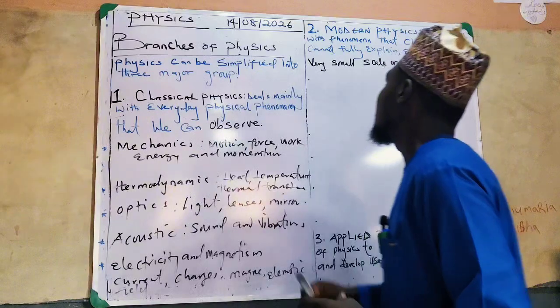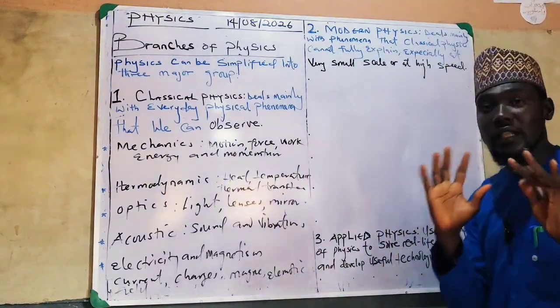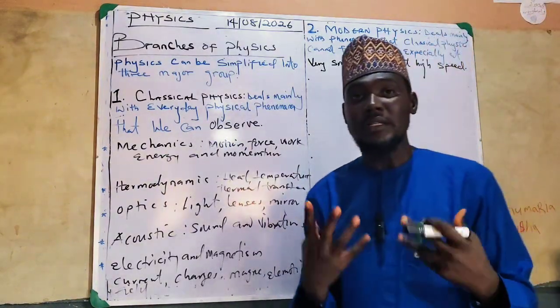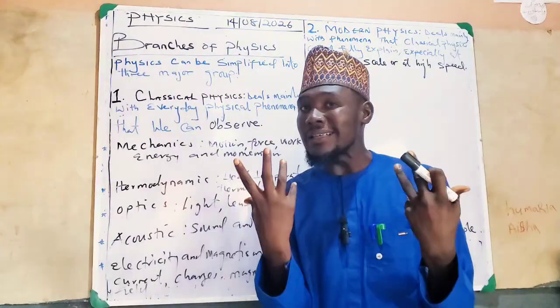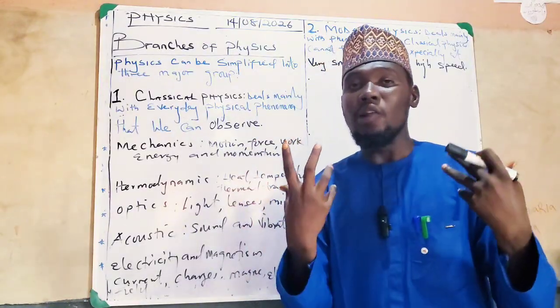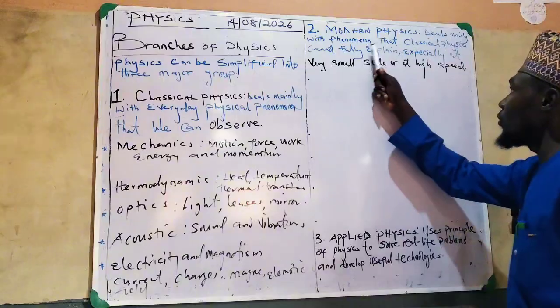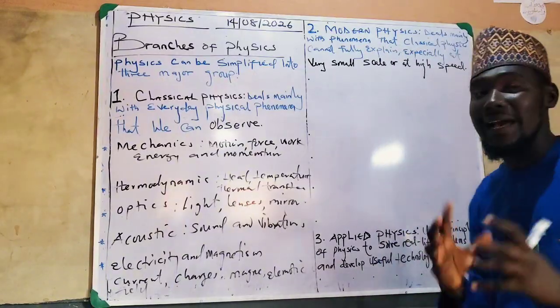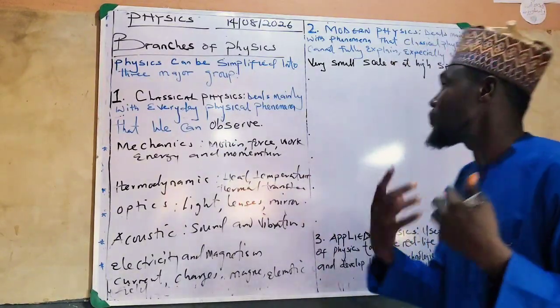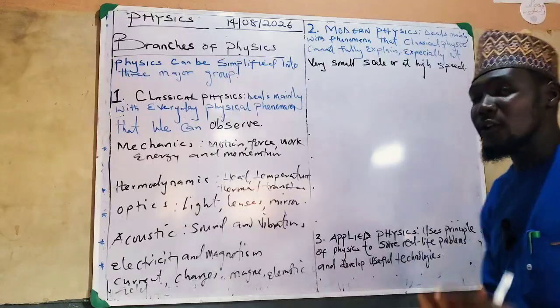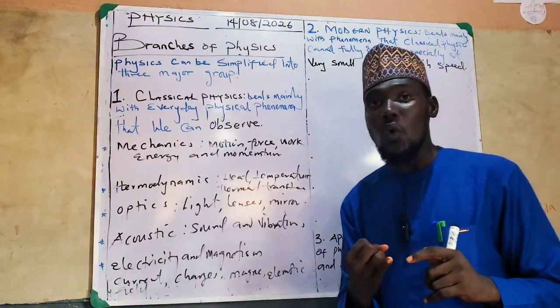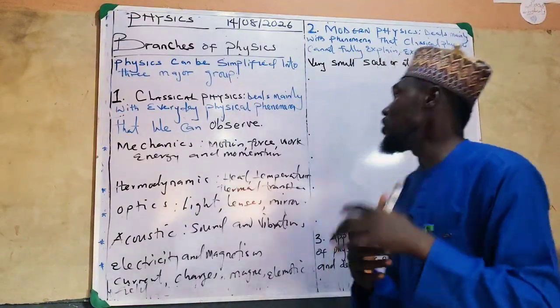And then the next one, modern physics. It deals mainly with phenomena that classical physics cannot fully explain, especially at very small scales or at high speeds.